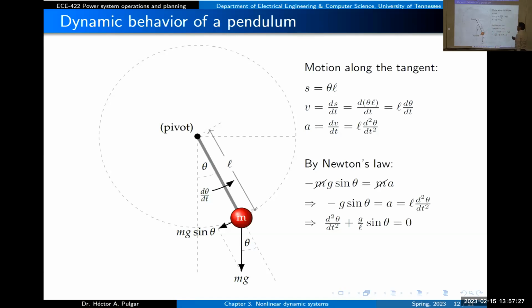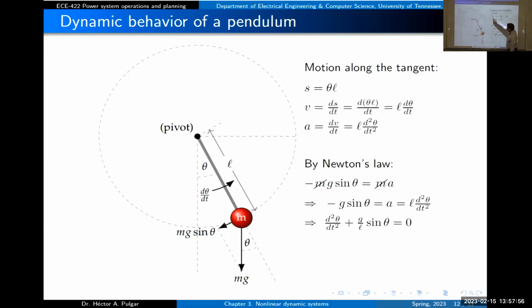Now we can see how that S is changing in time. If you get the derivative of this in time, you will get the speed along the tangent. So the speed along the tangent will be, we replace S here, and as L is constant, it gets out of the derivative, and the speed is going to be L times the change in the angle theta.